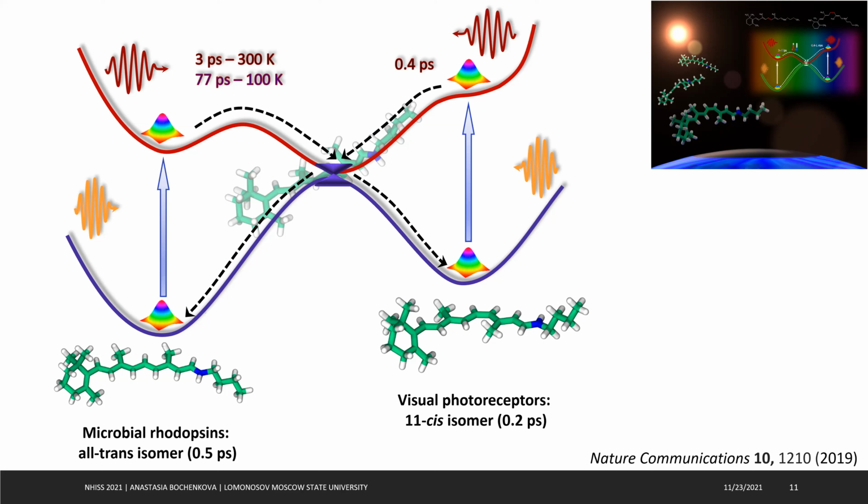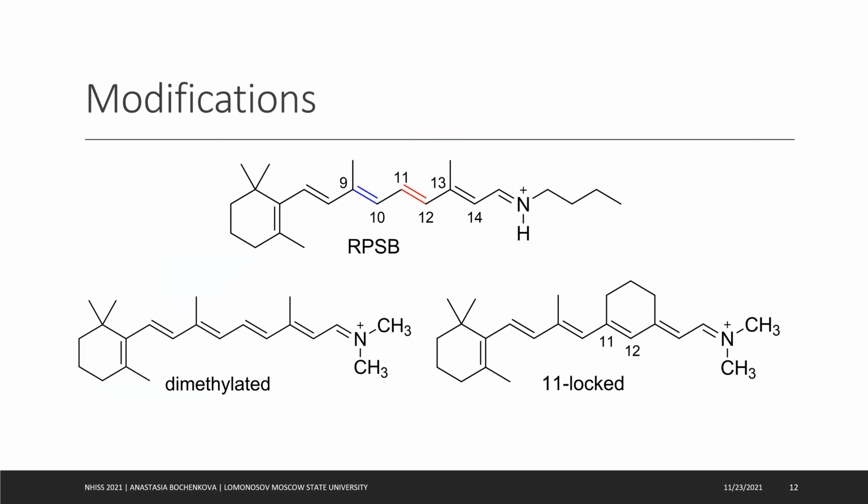Now we ask ourselves, can we somehow tailor the photo-induced dynamics? Can we somehow change the time scales and specificity? And for that, we use, of course, chemical modifications, as many would think. We introduced two kinds of modifications to our all-trans retinal.